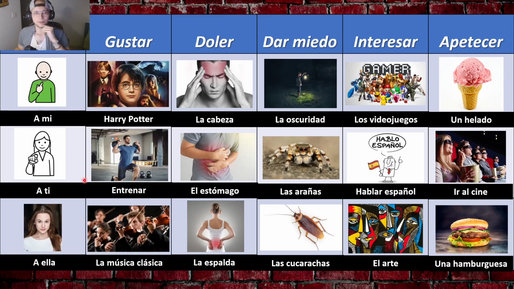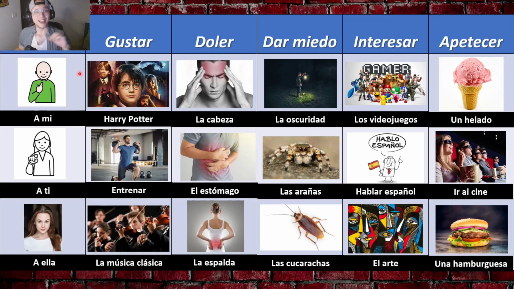Let's say now, you are not interested in video games. So we say, a ti no te interesan los videojuegos. One more time. A ti no te interesan los videojuegos. And now let's say, my stomach doesn't hurt.